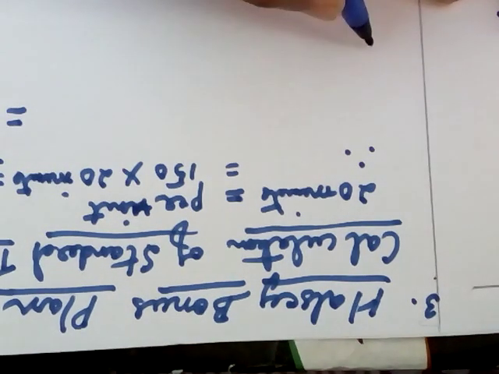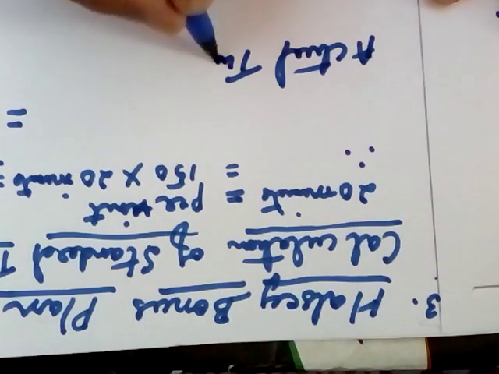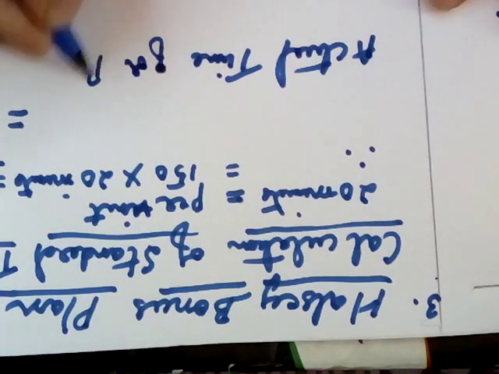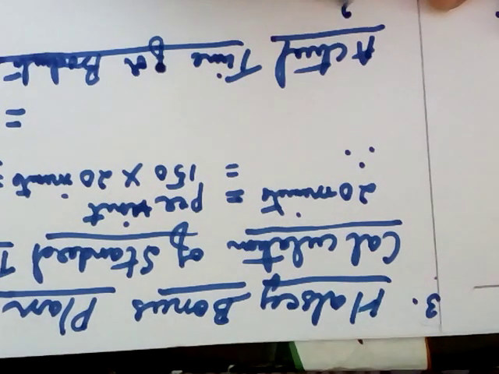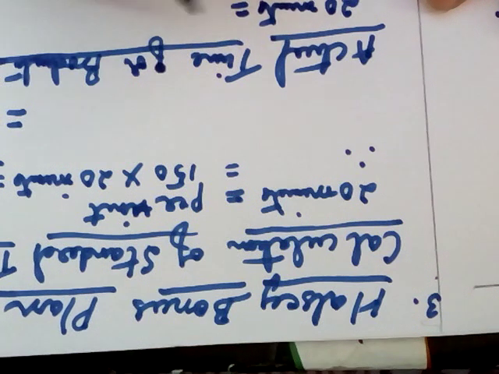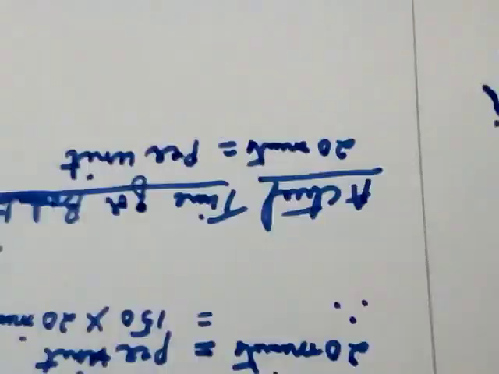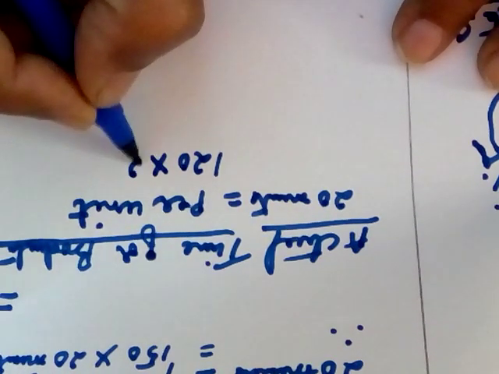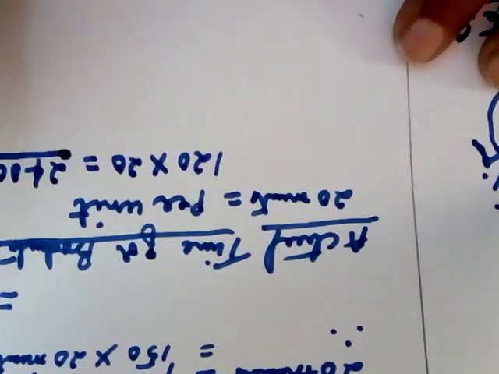The next calculation is actual time. Actual time taken for production is 20 minutes per unit into 120 units into 20, which comes to 2400 minutes taken for producing 120 units.